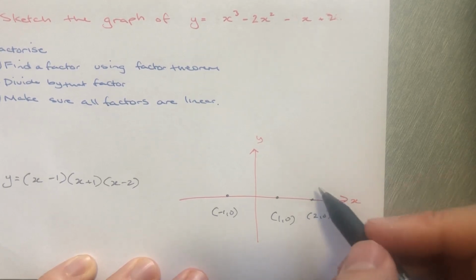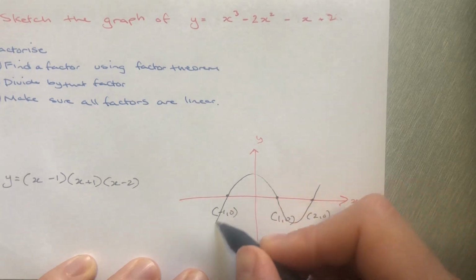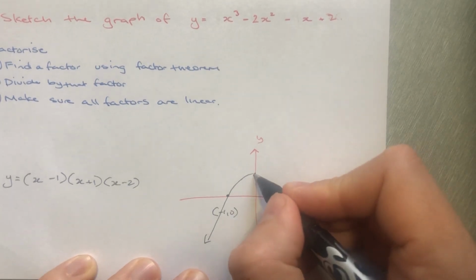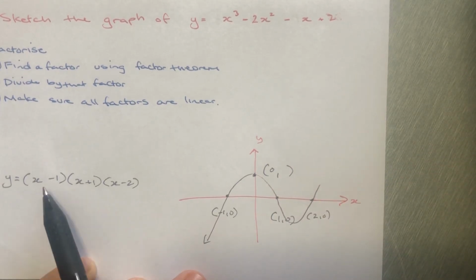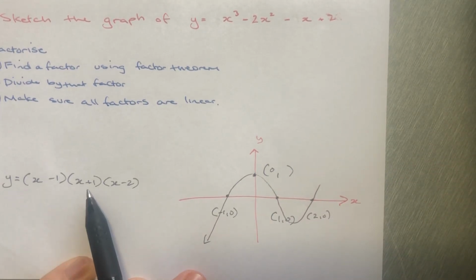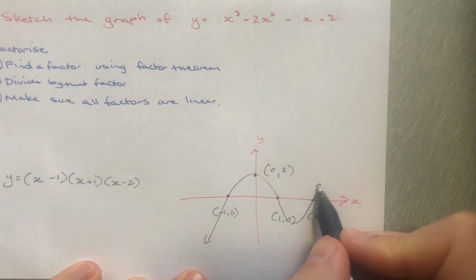All right, now tail's going to point up. I just need to work out where that is. If I do -1 times 1 is -1 times -2 is 2. There we go, graph's done.